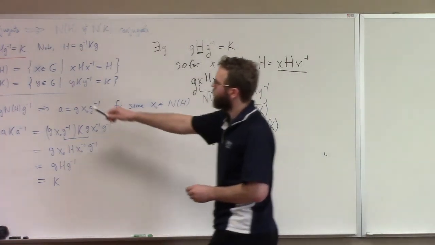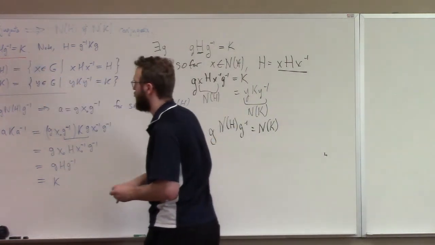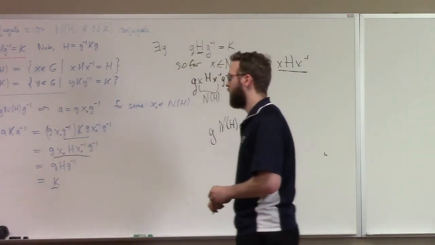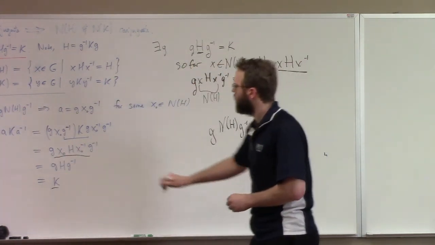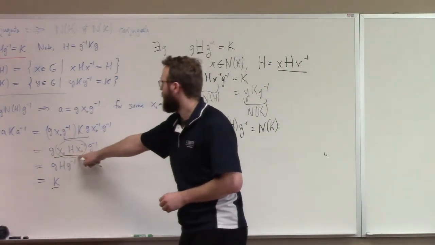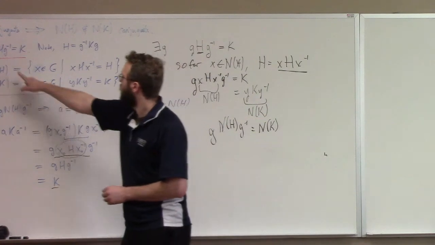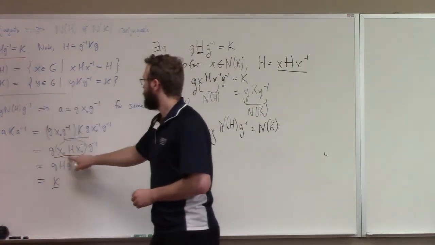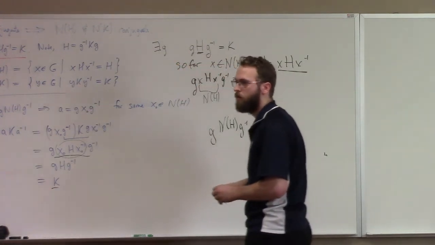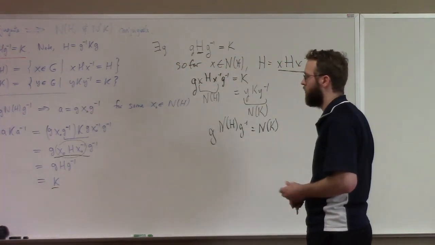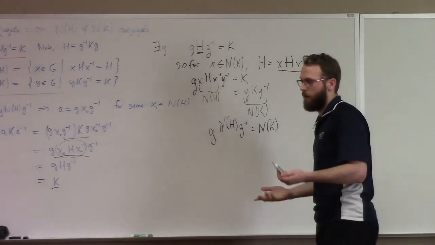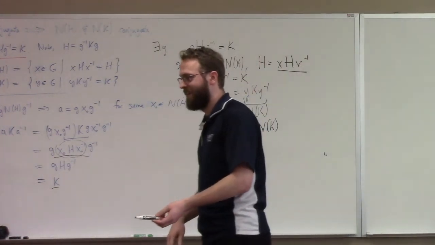But you just go straight from here to basically this step, just substituting in here. For some x in the normalizer, h is just equal to that, because that's what the normalizer does. I just feel like you can just jump straight to that. Yeah, you're fine.